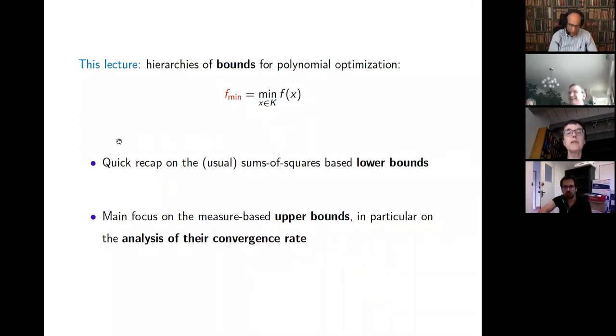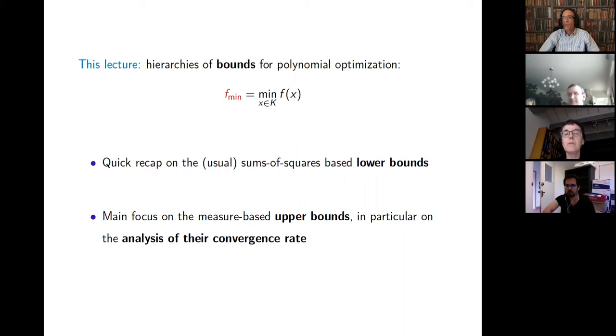So what I will do in this talk, first I will do a short recap on the hierarchy of lower bounds based on sums of squares, which is probably what most of you are most familiar with. And then I will move on to a hierarchy of upper bounds for the minimum, which is so-called measure-based.